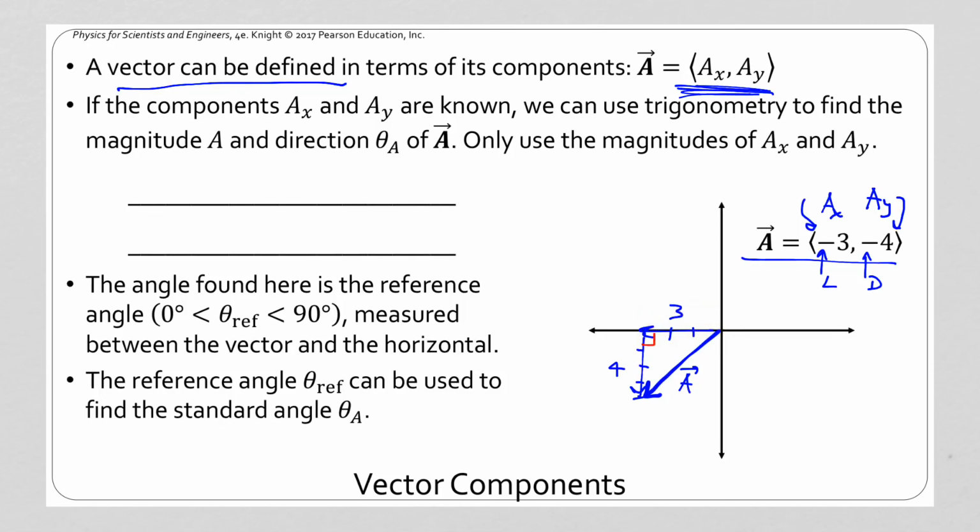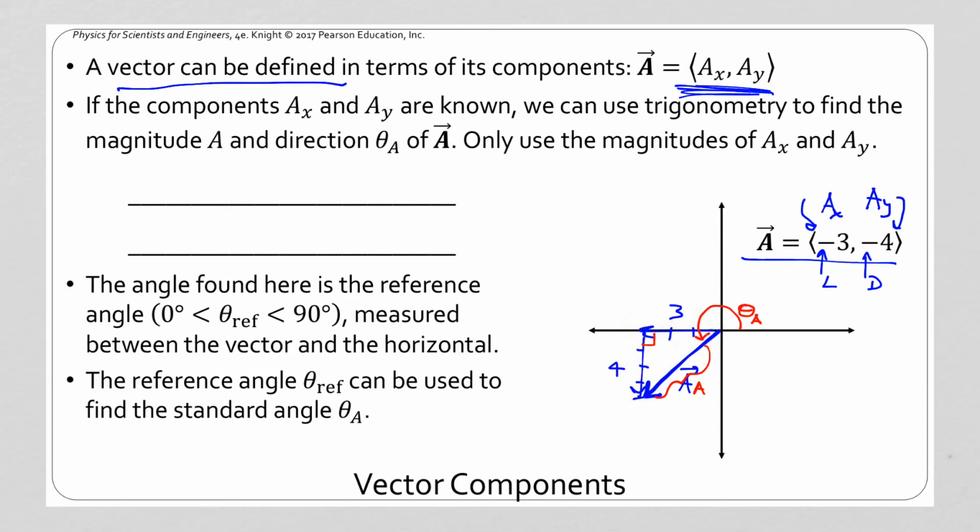And if I want to describe this vector, I could describe this as a magnitude, the length of the vector there, and I would want to know this angle, the angle of vector A. Here I have a right triangle because my x and y are always perpendicular. These are the sides of the right triangle, so I could find the magnitude.